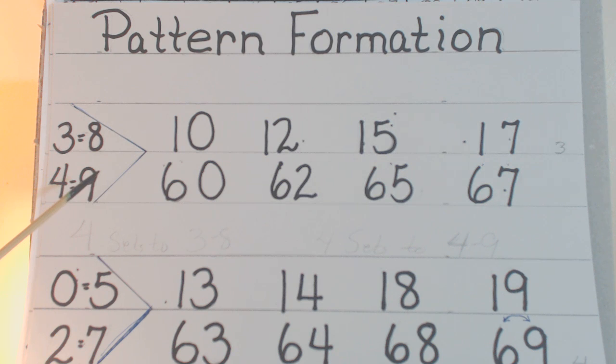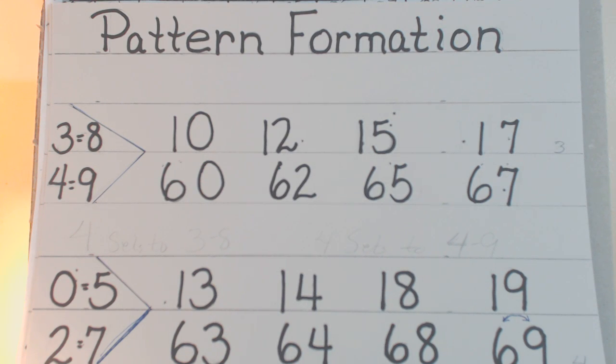I don't change anything. I leave what I find with the formula. I do use the two-digit formula. So this is the way they came out. And that is the 3 and the 8, the 4 and the 9, the 0 and the 5, and the 2 and the 7, which all have 4 sets of groups. And we're going to get to that.